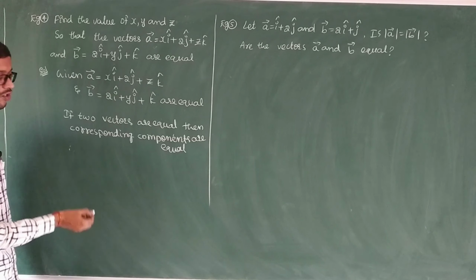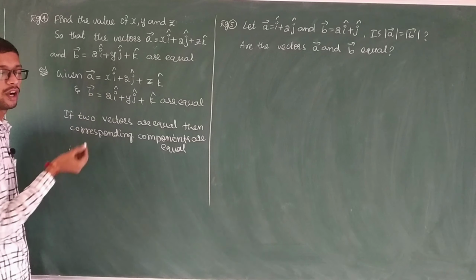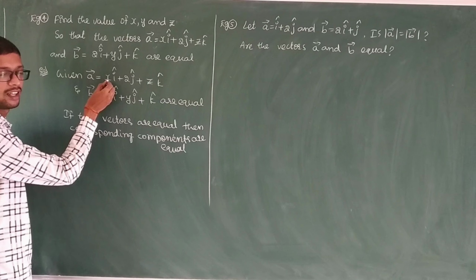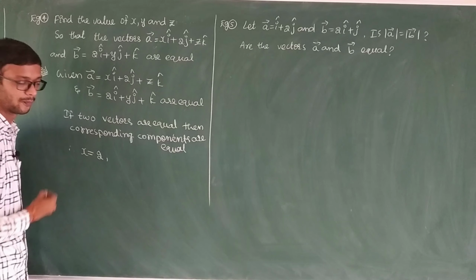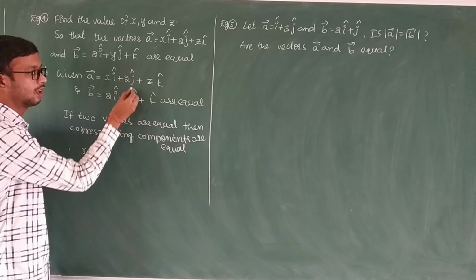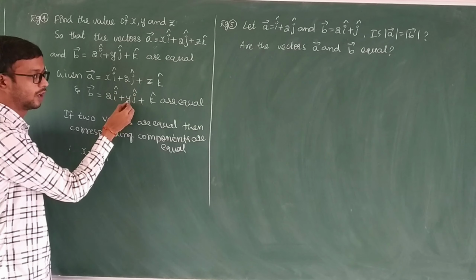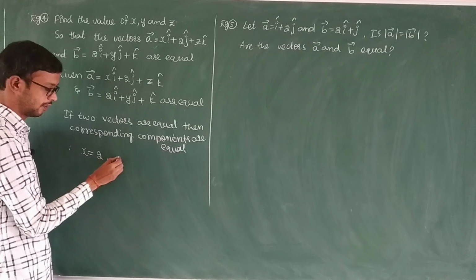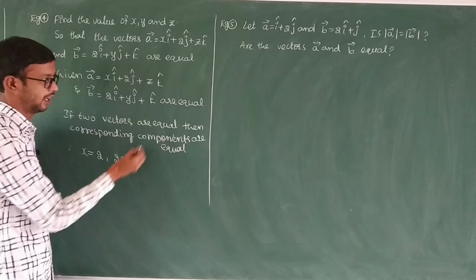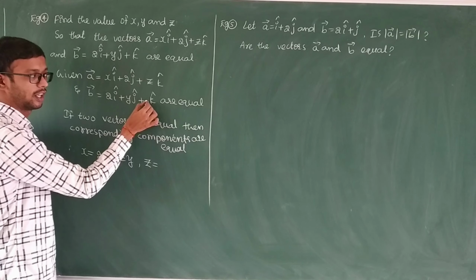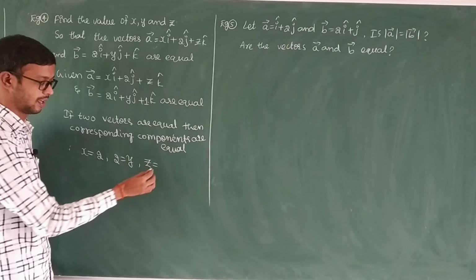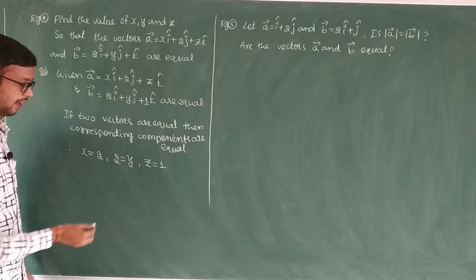Therefore, by the definition, corresponding components: i component is x, i component is 2. Therefore, x equal to 2. j component is 2, and j component is y, so 2 equal to y. z equals the k component; here nothing is there, which means 1 is there, so 1 we have to take.